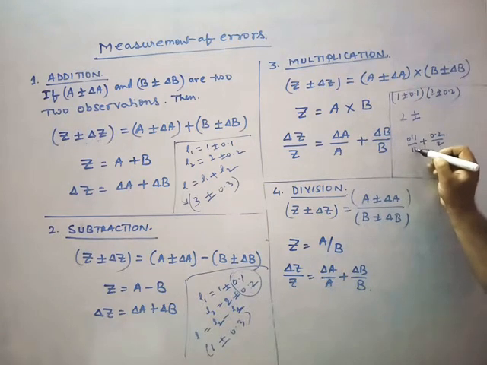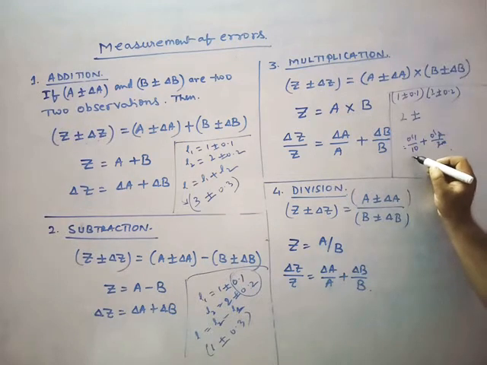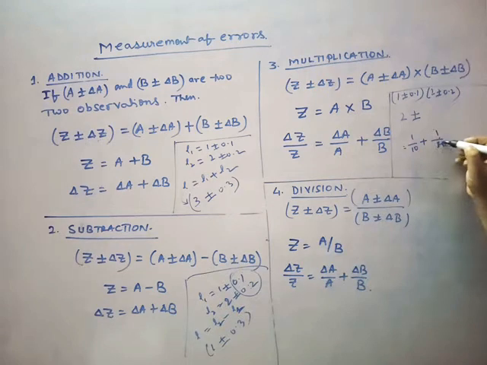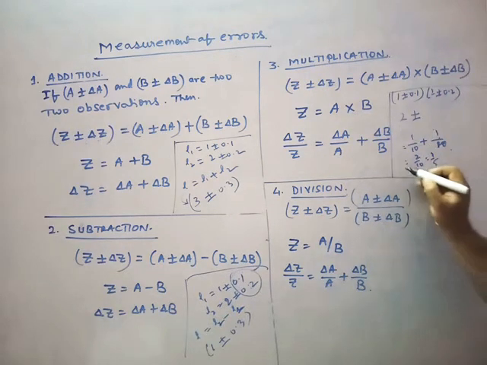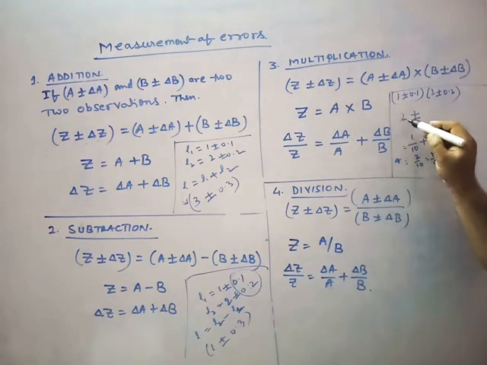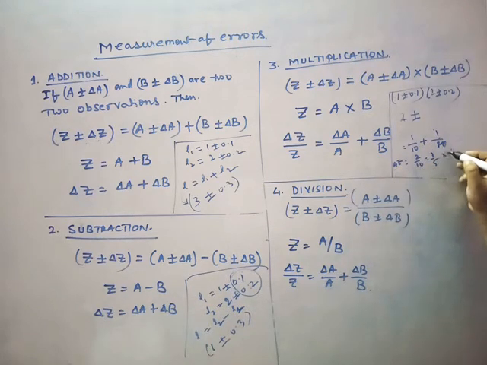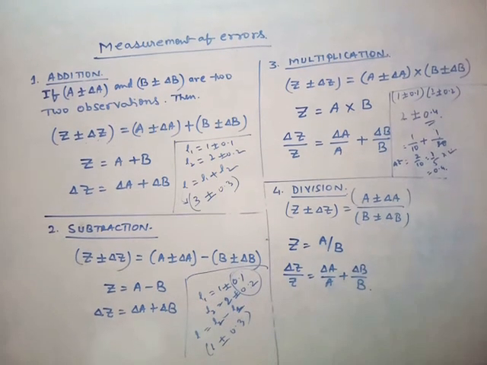If you remove, 1 by 10 cancels, so here 1 by 10 is coming, and here also 1 by 10. 1 by 10 plus 1 by 10 is 2 by 10, that is 1 by 5. So del z by z, and z came out as 2. So I write del z by z, put the z which came out as 2 here. So 1 by 5 divided by 2 is 0.4.